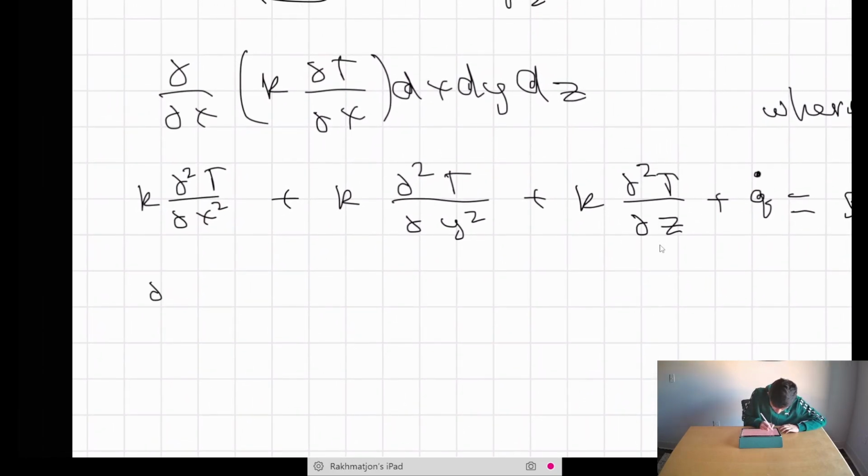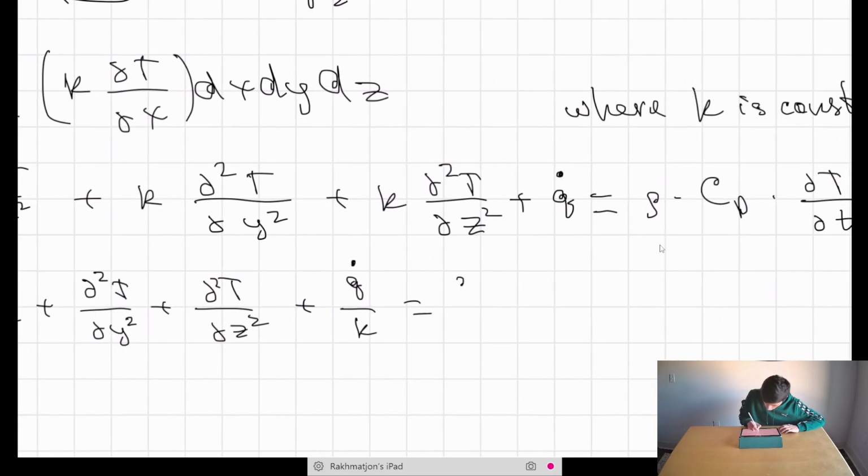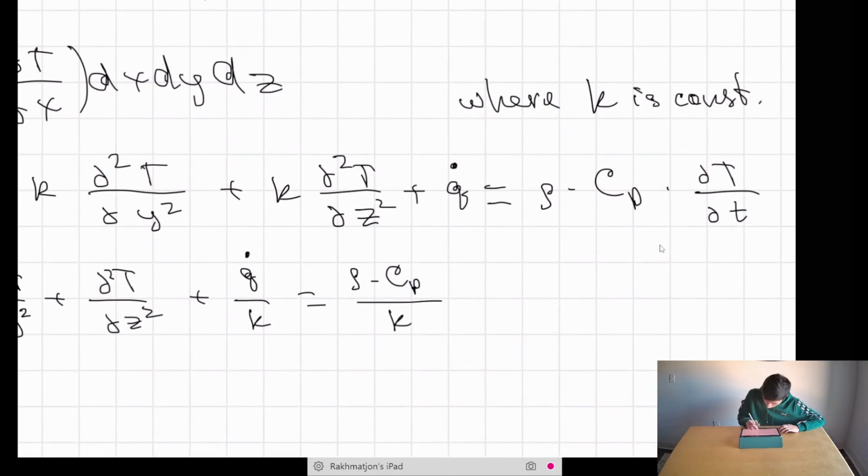So what I'm going to have is the second derivative of temperature with respect to x plus the second derivative with respect to y plus the second derivative with respect to z plus energy generation over k equals density times Cp over k times the derivative of temperature with respect to time.